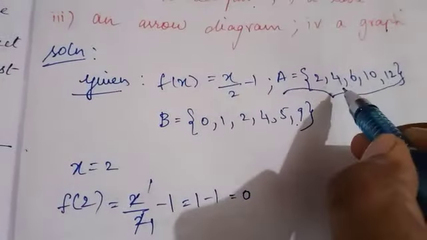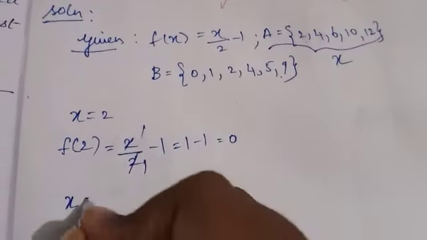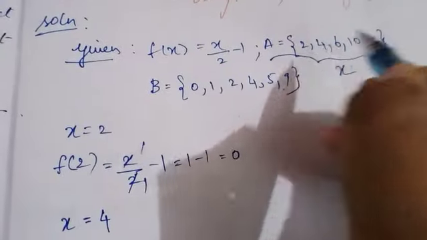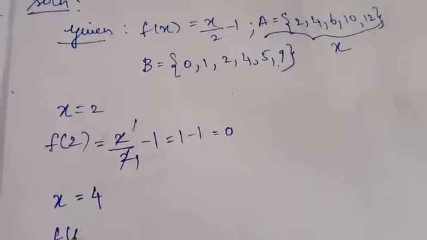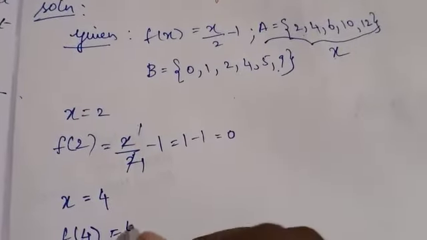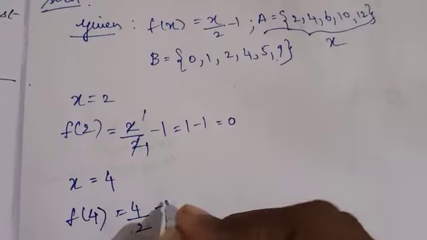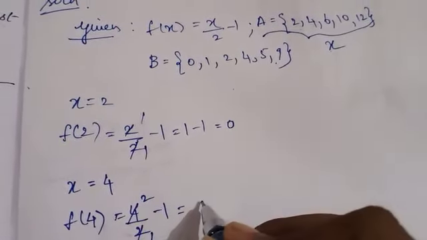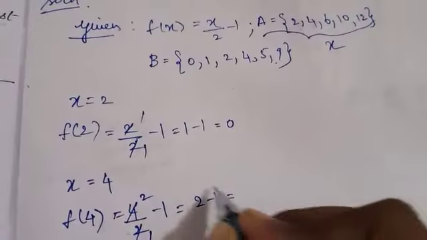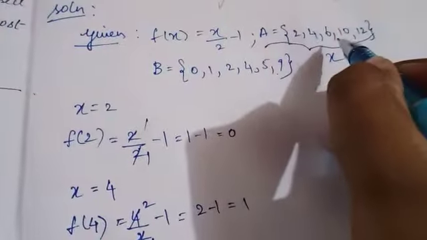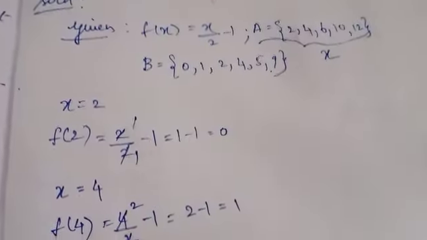Next, when x is equal to 4, the second element here is 4, right? So f of 4: in the place of x, I am going to substitute 4. 4 by 2 minus 1. 2 twos are 4, so 2 minus 1. 2 minus 1 is what? 1. The next element here is 6.